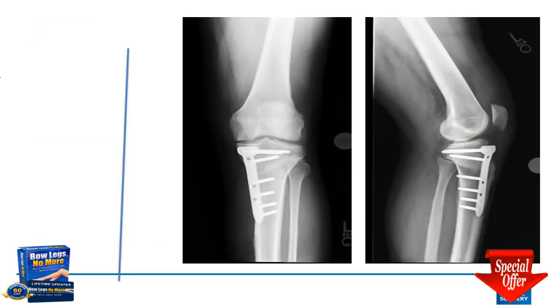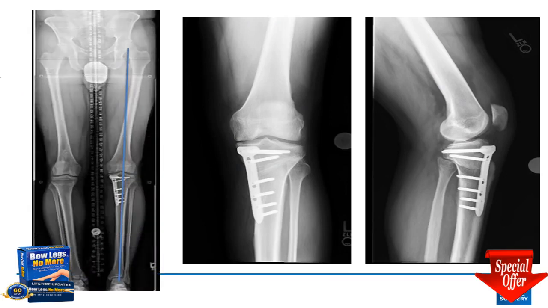And this is what it looks like at the follow-up visit, with the plate and screws in place and the bone healing very nicely. You see on the long x-ray that the hip to ankle line now goes right through the center of the knee, and there's been very significant decrease in that abnormal overload on the inside part of the knee.